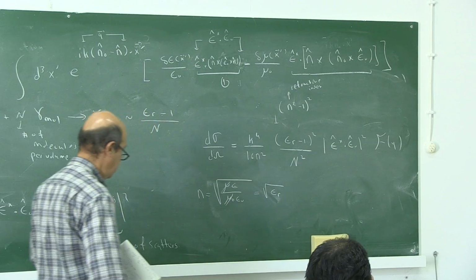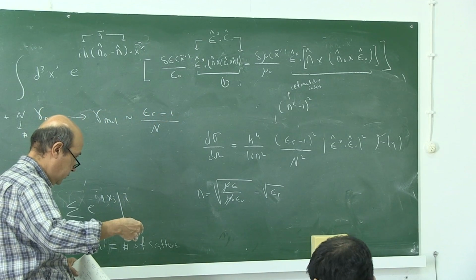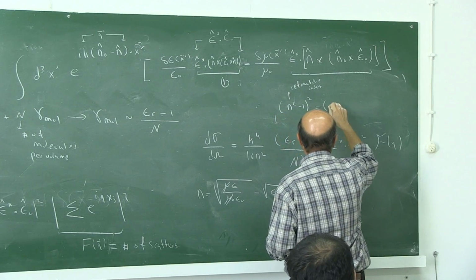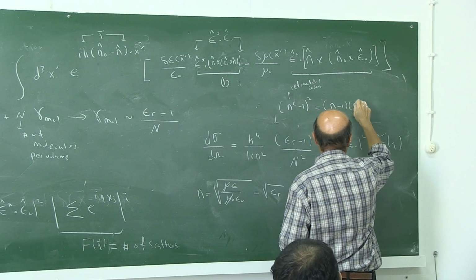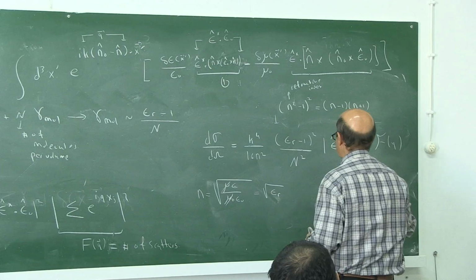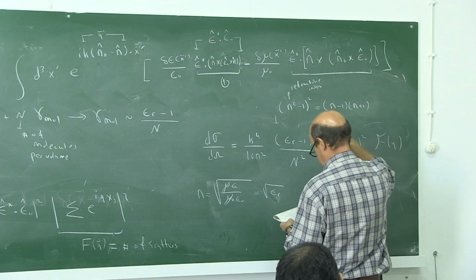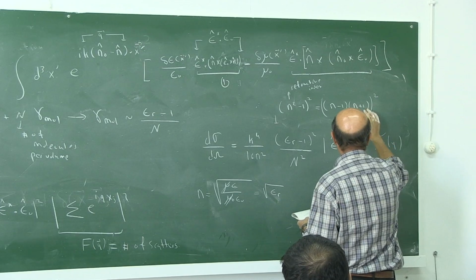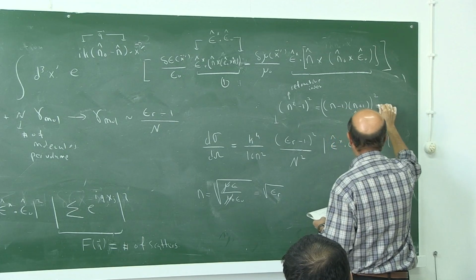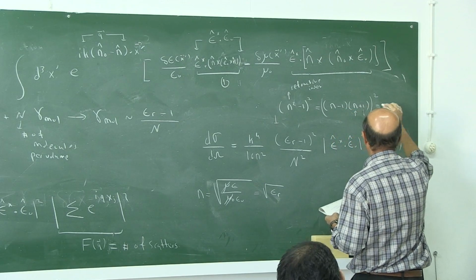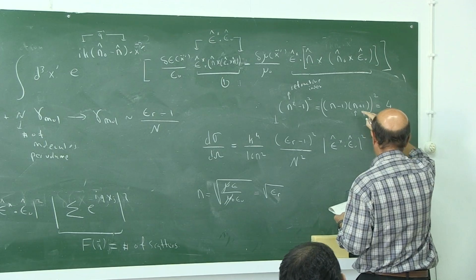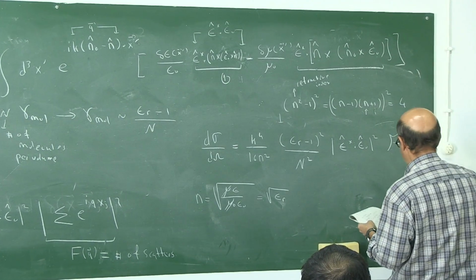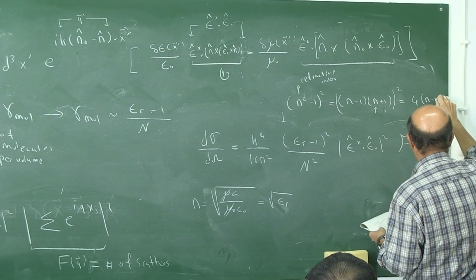ER is the ratio of the dielectric constant relative to the vacuum. And this is nothing but n minus 1 times n plus 1, square. For air, this n is close to 1, and that is nothing but 2. The addition is close to 2, and that will be 4 times n minus 1 square.